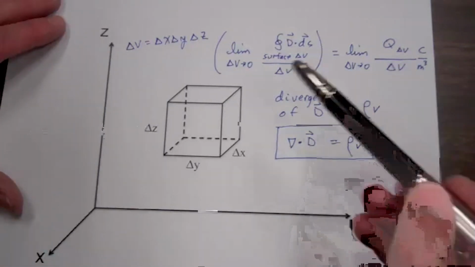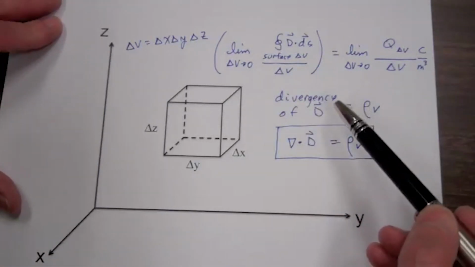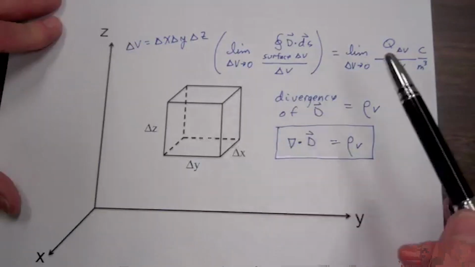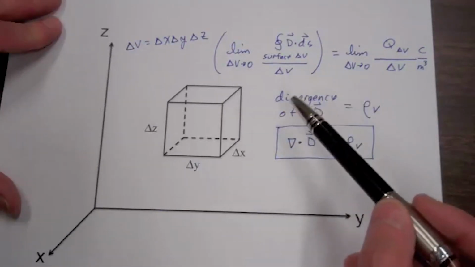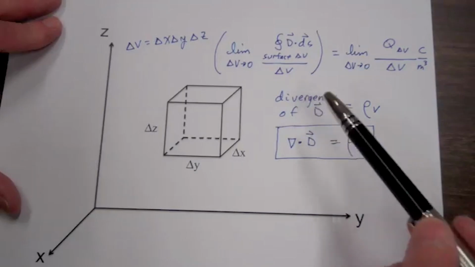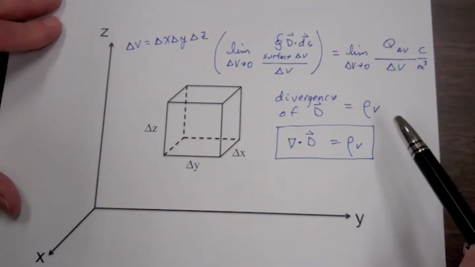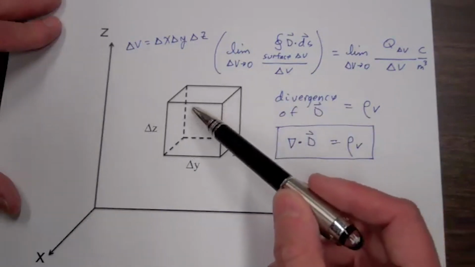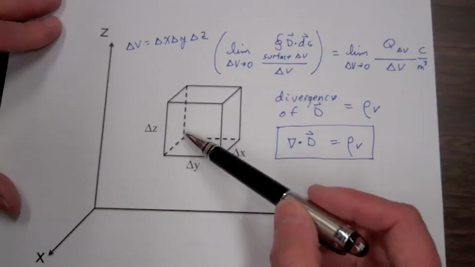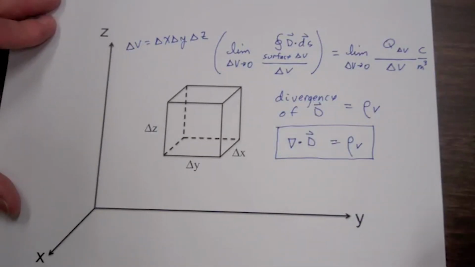We're going to assume we know the electric flux density field at the center of this cube and how that flux density changes with respect to x, y, and z, so that we can then get an estimate of the electric flux density fields on the 6 faces of the cube.